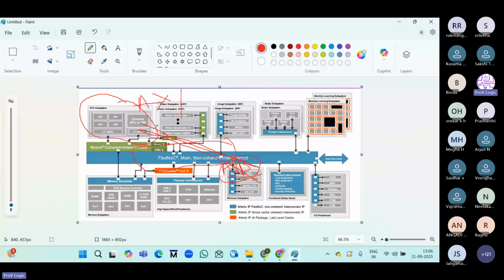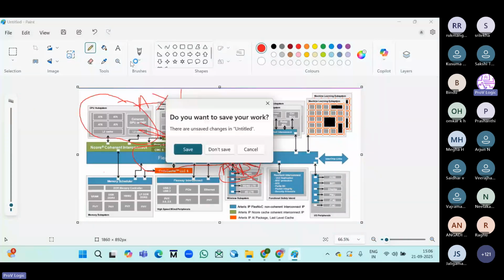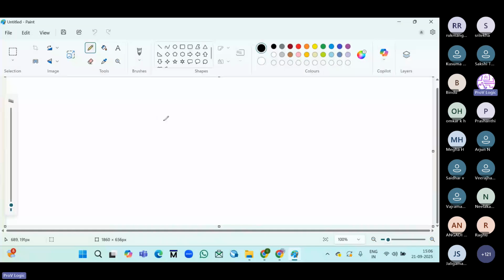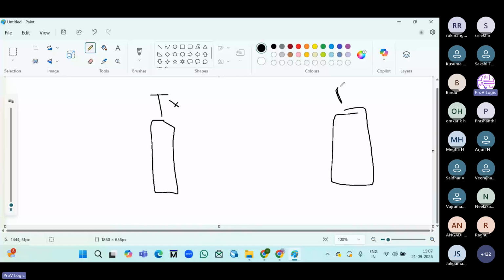Okay, I'm showing an example here. Suppose in SystemVerilog there is a block which is a generator, or you can think of it as a transmitter, and there is a receiver. Now the transmitter is sending a lot of data, nearly 10 transactions in just 1 second, and it is sending to the receiver, which works at a low frequency.